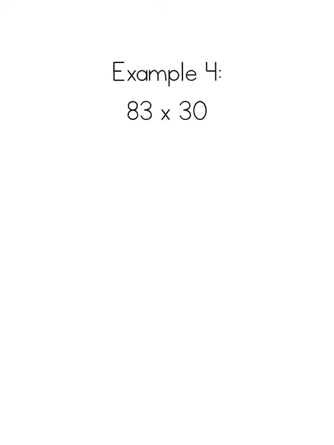Looking at this example of 83 times 30, I want to rewrite it using the distributive property and then solve it. I know I'm going to keep the number 30 because it ends in a 0, and that means it's a multiple of 10. Because I kept that, I know that it's going to go in both sets of parentheses.